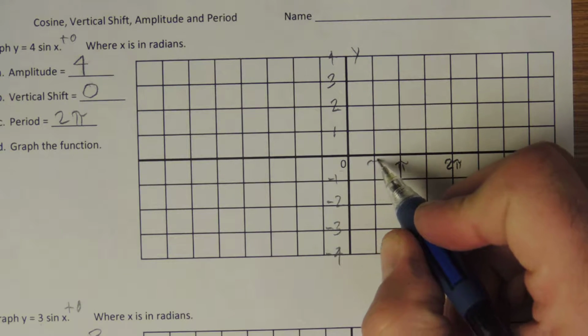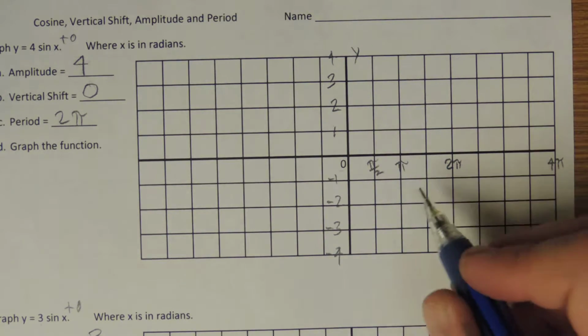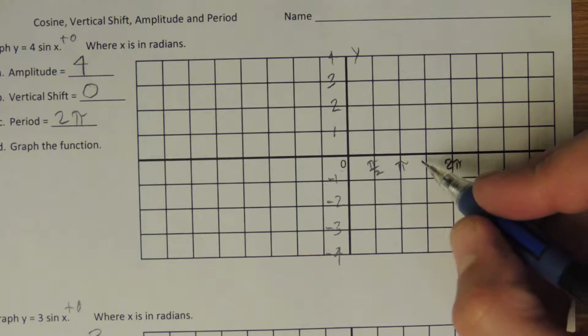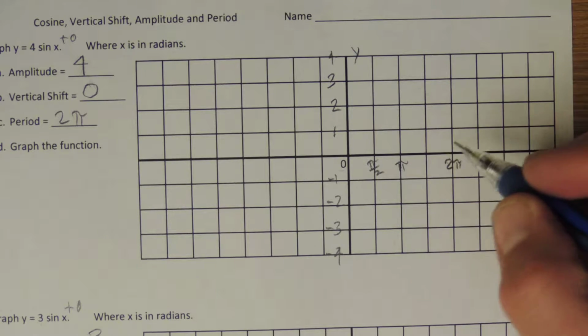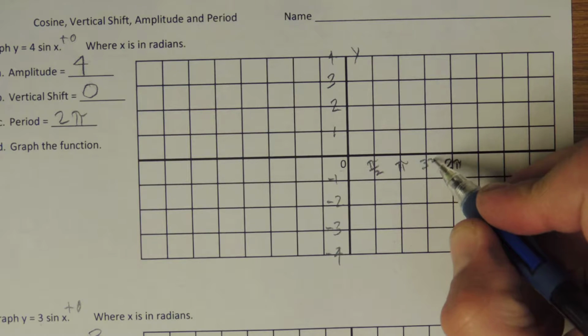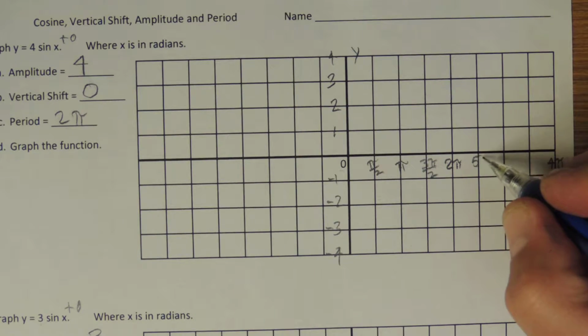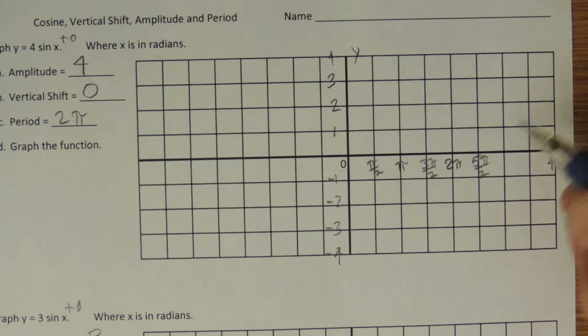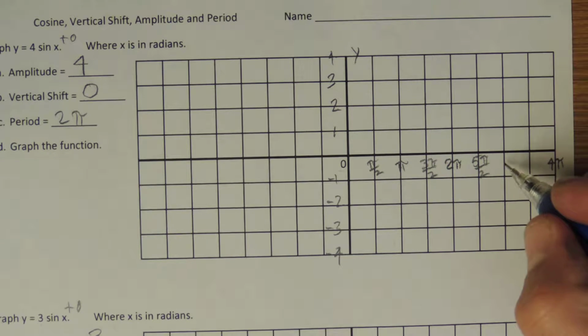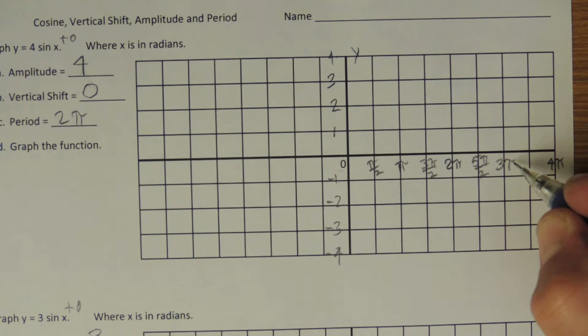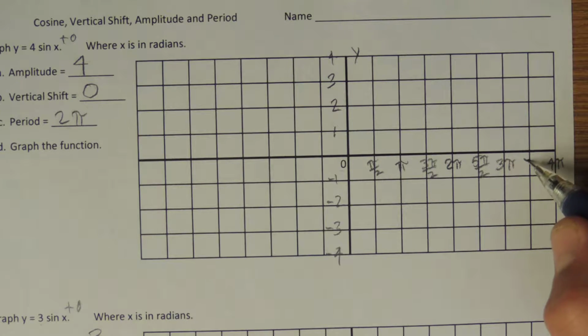And a fourth of a cycle would be pi over 2. So this would be pi over 2, 2 pi over 2, 3 pi over 2, 4 pi over 2, 5 pi over 2, 6 pi over 2, which would be 3 pi, and then 7 pi over 2.